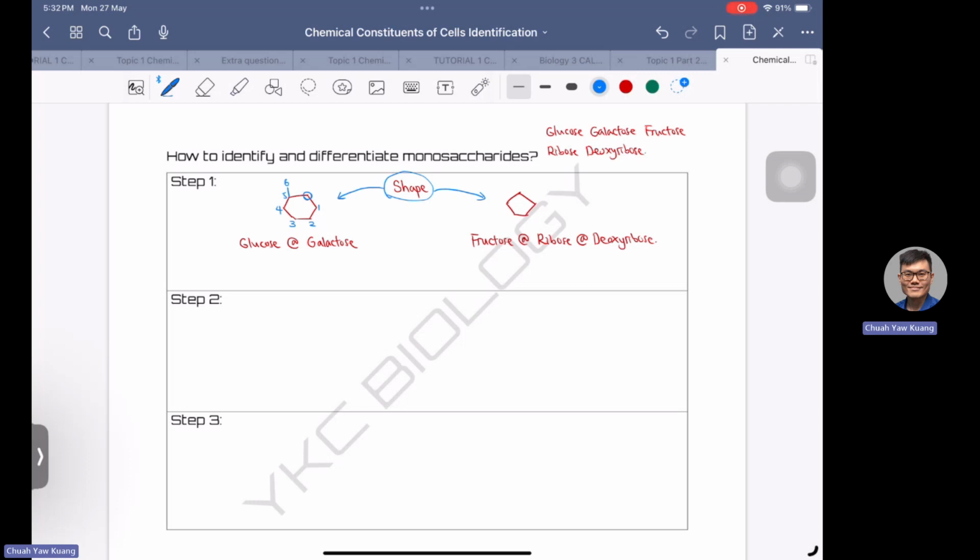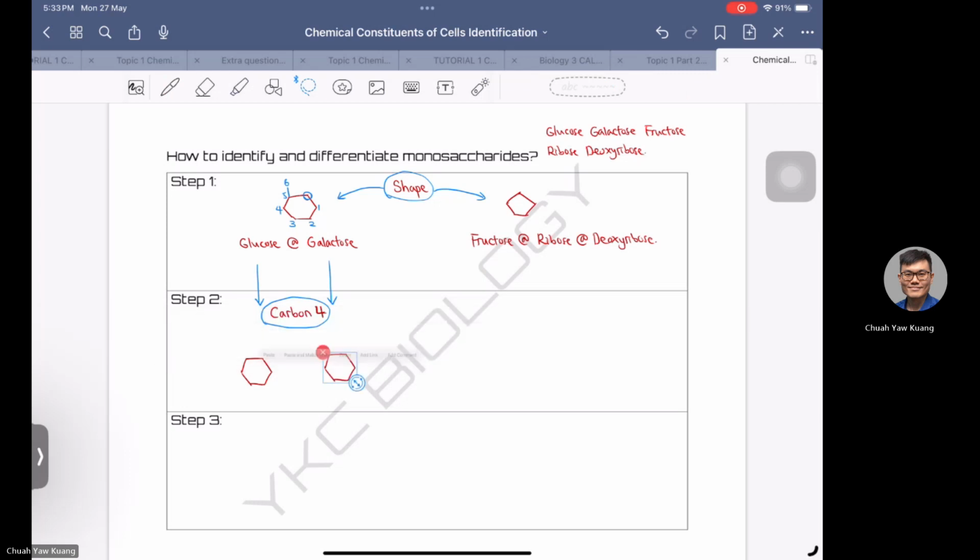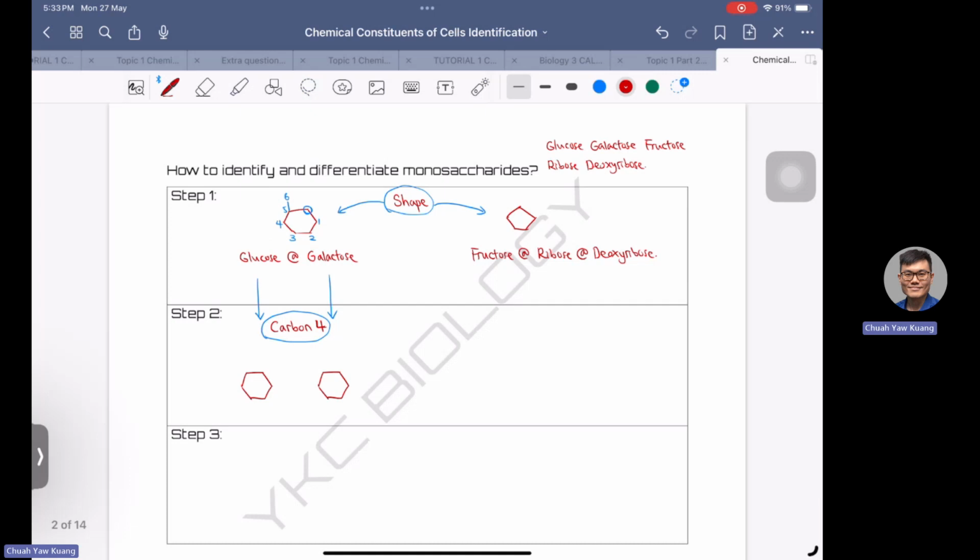Now in step number 2, we will look at carbon number 4, which is here.